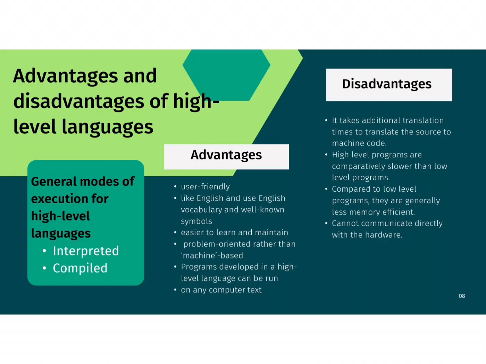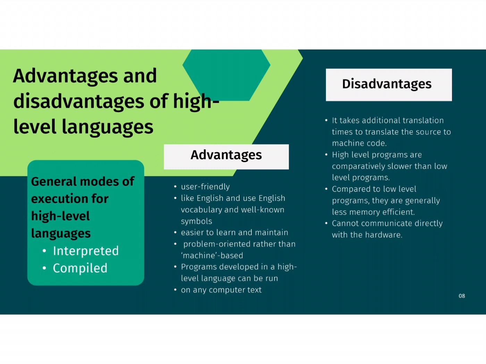But like every other thing, high-level language has its own sets of advantages and disadvantages. A high-level language is actually user-friendly, uses English and well-known vocabularies and symbols, is easier to learn, more problem-oriented than machine-based, and can be developed to run in any computer context. But at the same time, this high-level language has disadvantages which make it actually slower than low-level language programs.